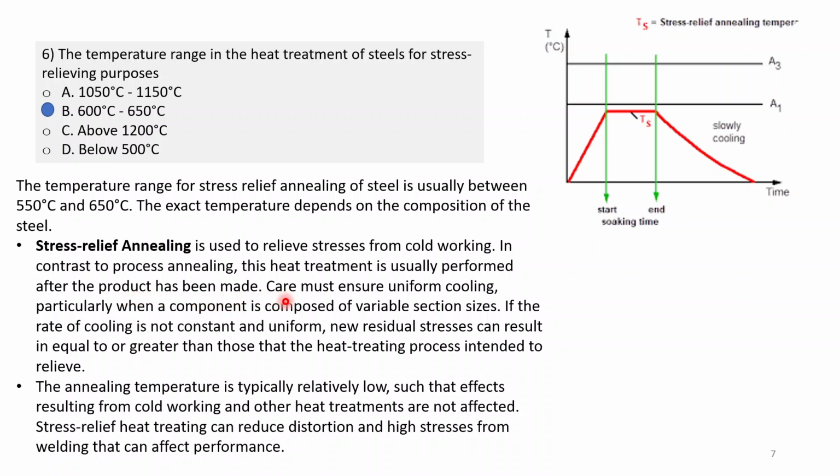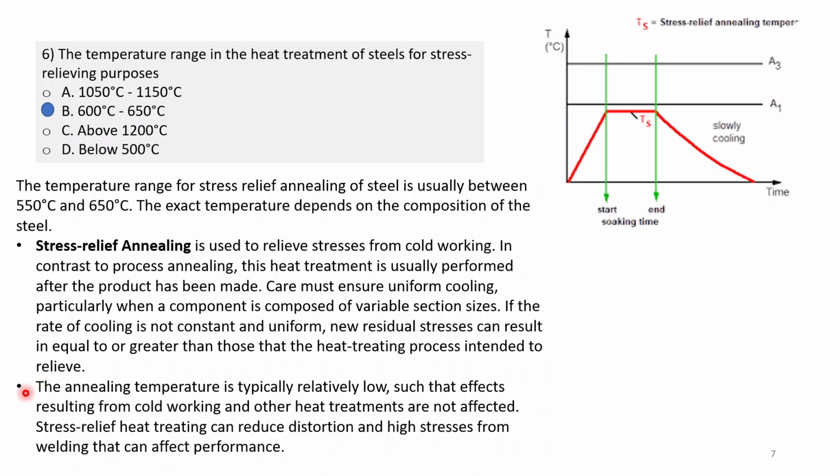Care must be taken to ensure uniform cooling, particularly when a component is composed of variable section sizes. If the rate of cooling is not constant and uniform, new residual stresses can result that are equal to or greater than those that the heat treating process intended to relieve.